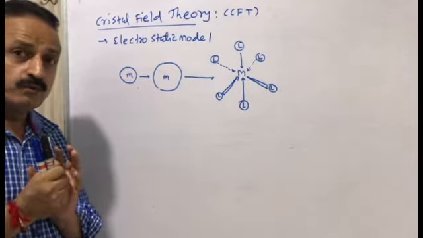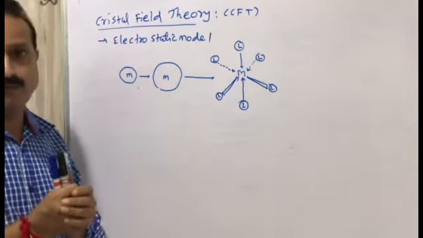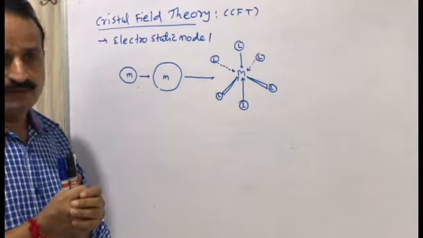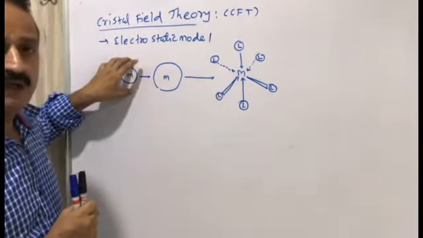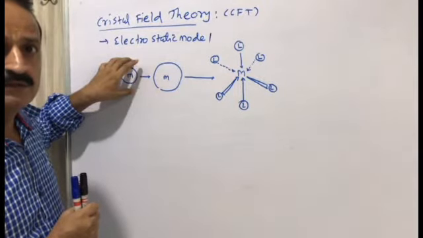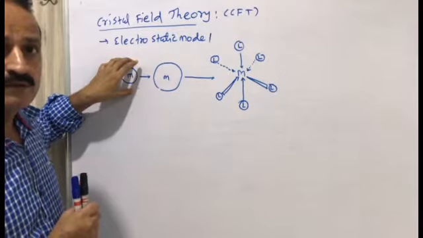So when the metal is in free gaseous form, the 5 d orbitals generally have the same energy.